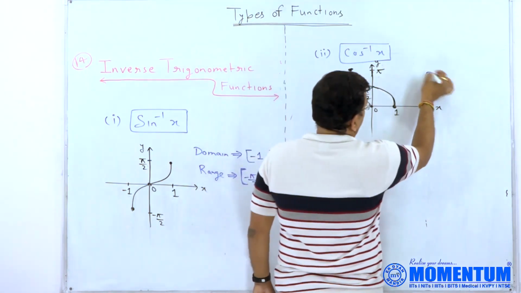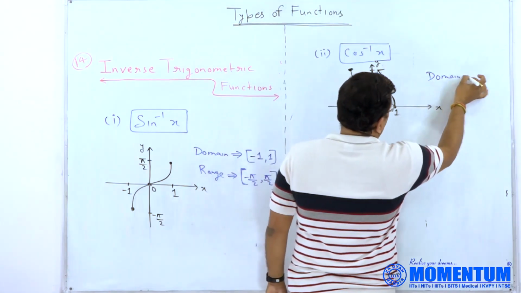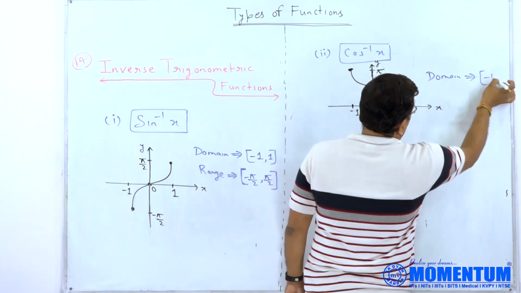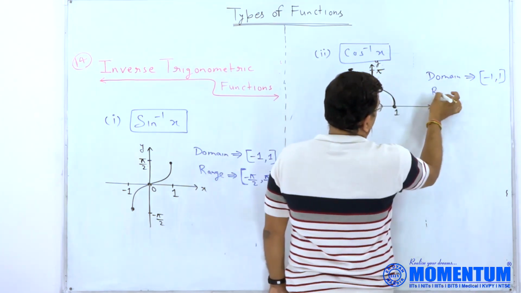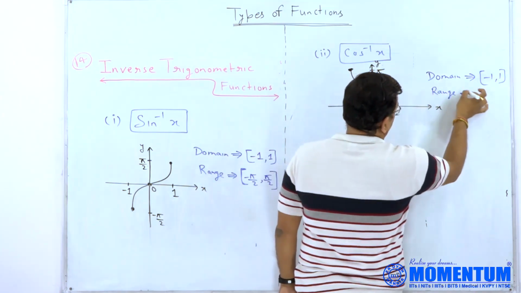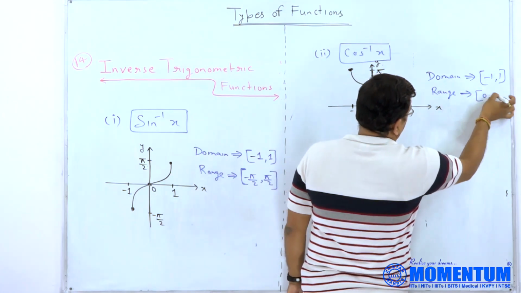From the diagram, domain square bracket -1 to 1, range square bracket 0 to pi.